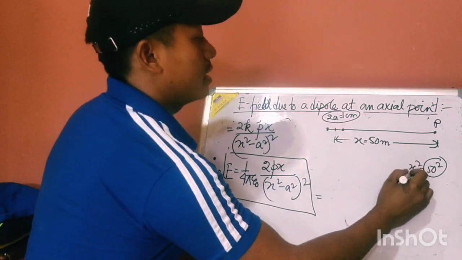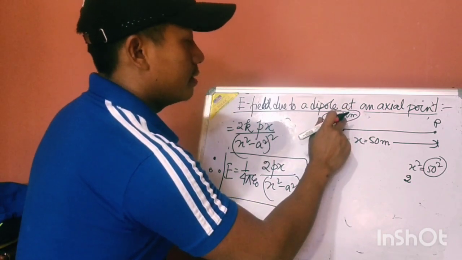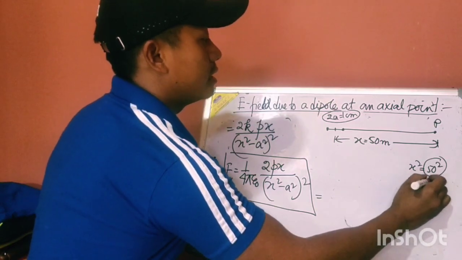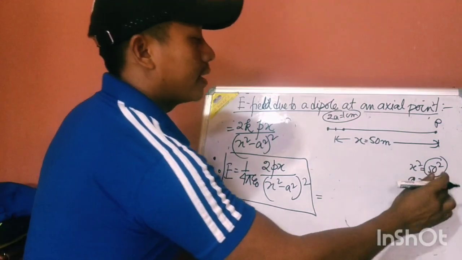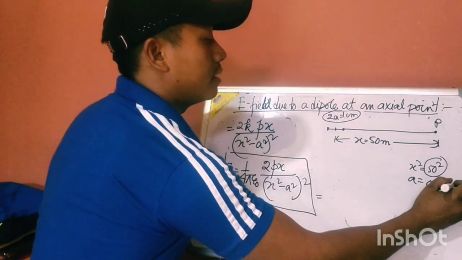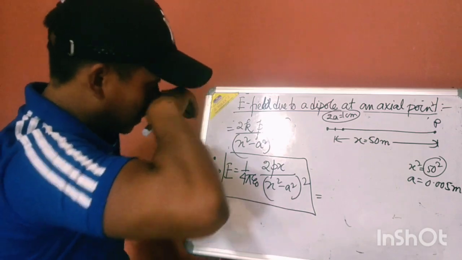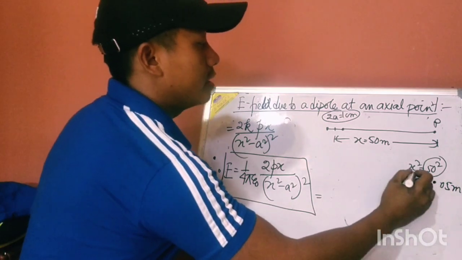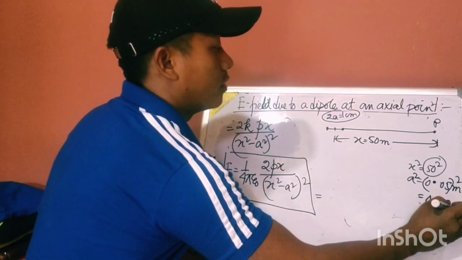Twice a is 2 centimeters, so a is 1 centimeter, or 0.5 centimeter. When you convert it into meters, there will be another 2 zeros, divide by 100. So 0.05 meter length, and the square of this obviously is 0.0025.